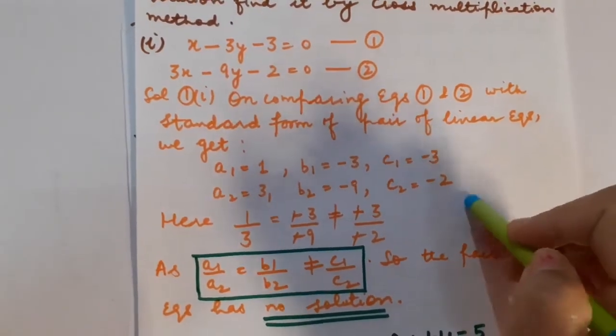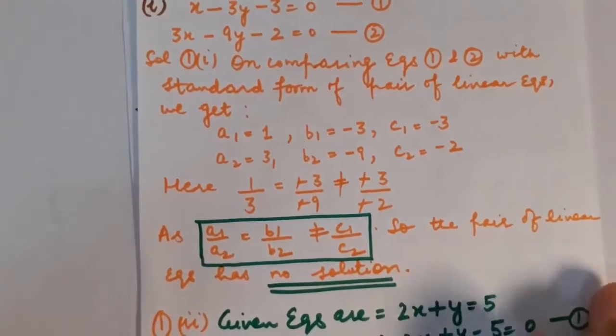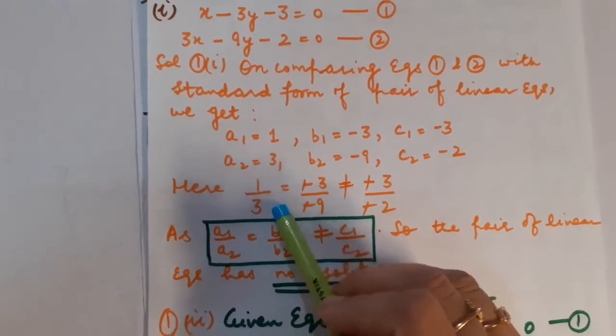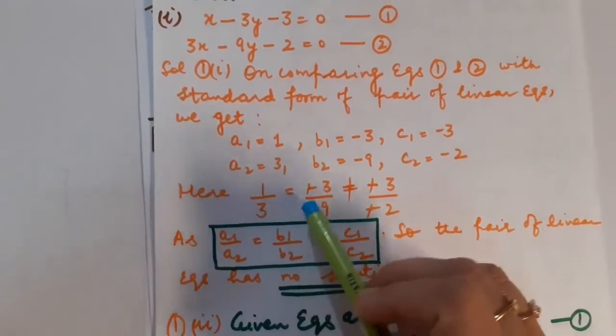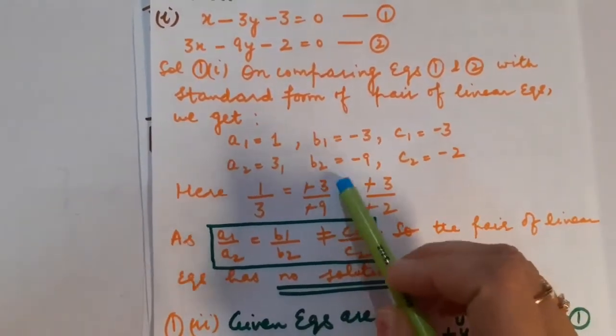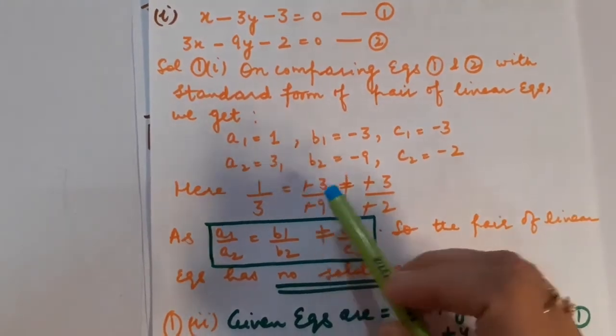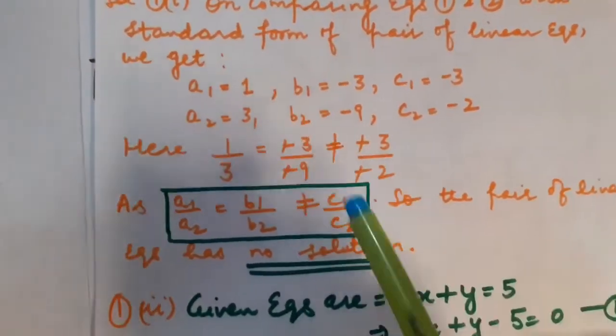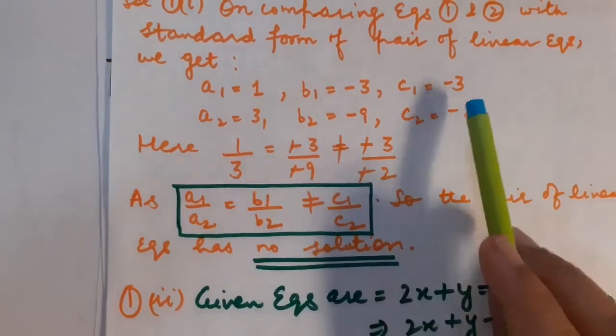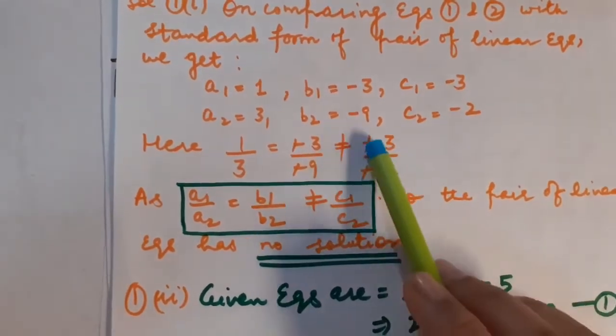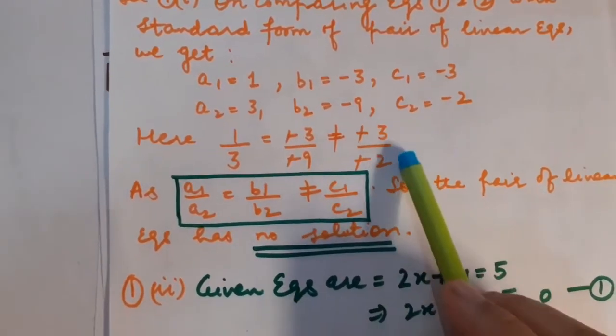This is not new for you. You have done so many questions based on the same. Now a1 upon a2 is 1 upon 3, and b1 upon b2 is equal to minus 3 upon minus 9. I am going to cancel the minus sign here. Again I have got 1 upon 3. But it is not equal to c1 upon c2, which is minus 3 upon minus 2. After cancelling the minus sign, I have got 3 upon 2.